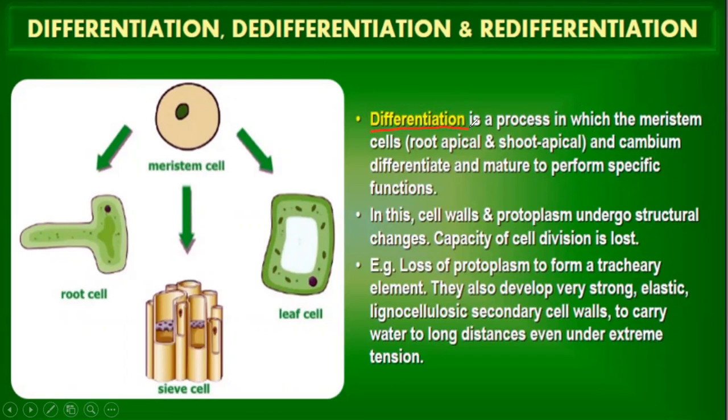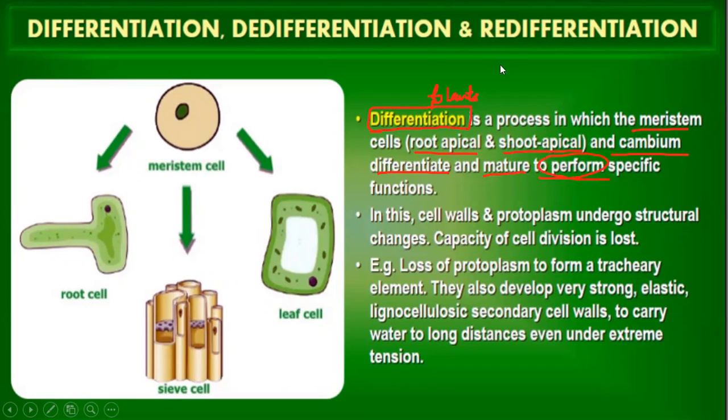Differentiation in case of plants is something related to the growth of plants. It is a process in which the meristem, either root apical meristem or shoot apical meristem, and the cambium differentiate, meaning they divide, mature and perform a specific function.